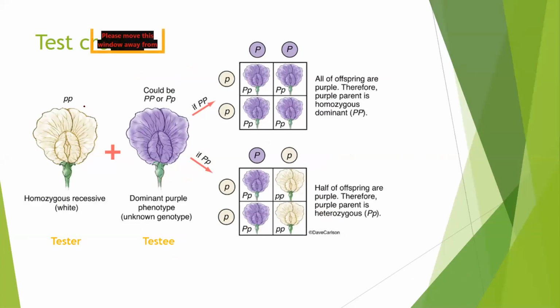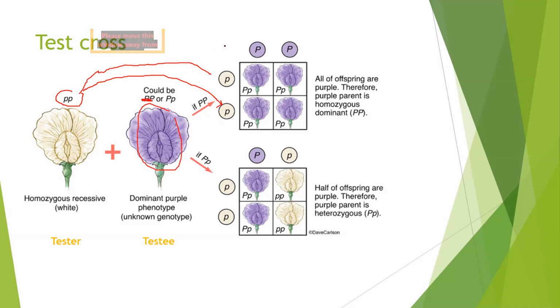For this tester, it can only produce one type of allele, only the small p. Let's look at this one: if the genotype is big P big P, it can only produce one type of allele as well, big P. So the progeny from this cross will be all purple flowers. I hope everyone agrees with this.